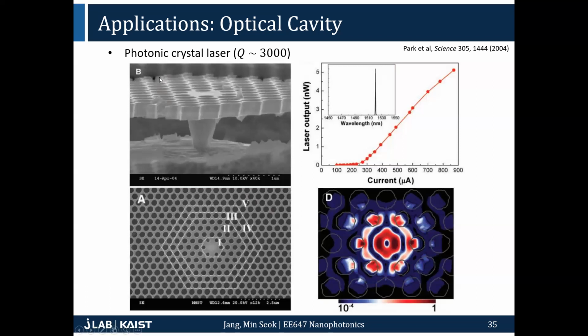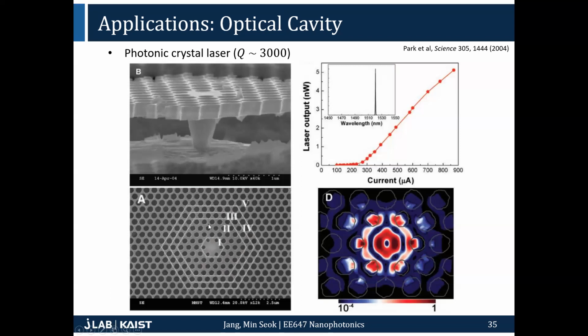So what they did was they created a photonic crystal with a defect. So here you can see you have a photonic crystal, and it's not just a point defect, but you can see the radius of the holes changes its size gradually, and then you have a point defect.